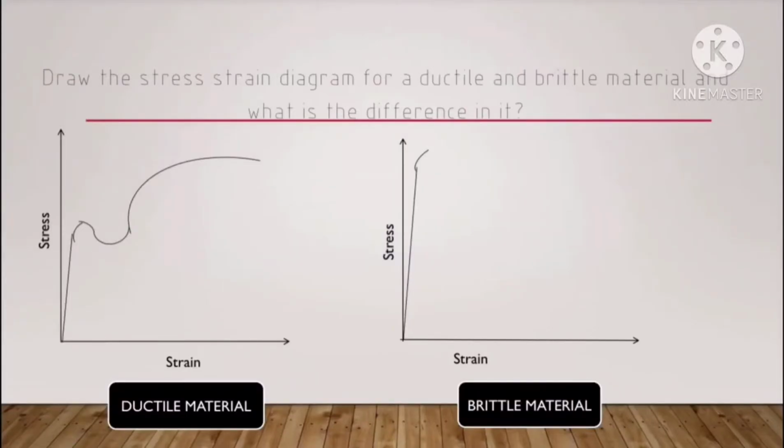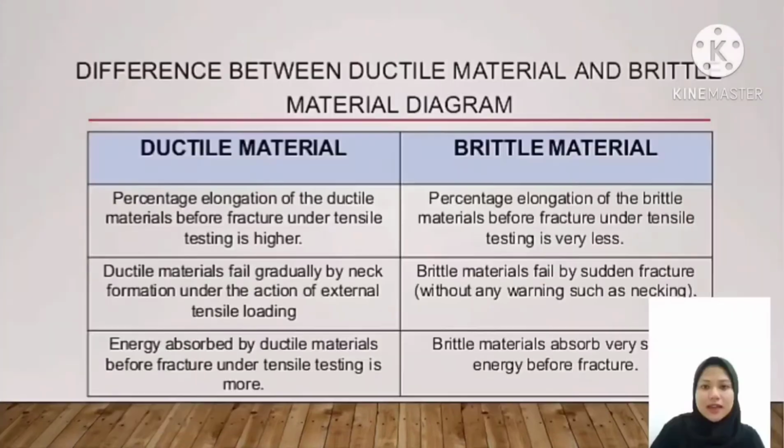Question number 1. Draw the stress-strain diagram for a ductile and brittle material and what is the difference in it? So, here is the diagram of ductile material and brittle material. Difference between ductile material and brittle material. The first one is the percentage elongation of ductile materials before fracture under tensile testing is higher, while the percentage elongation of brittle materials before fracture is very less.